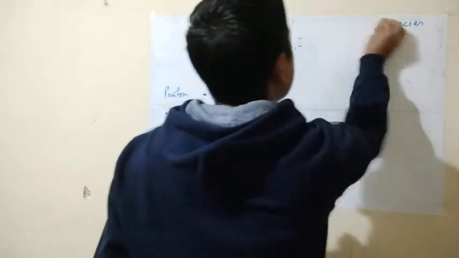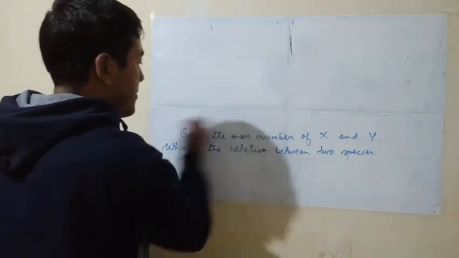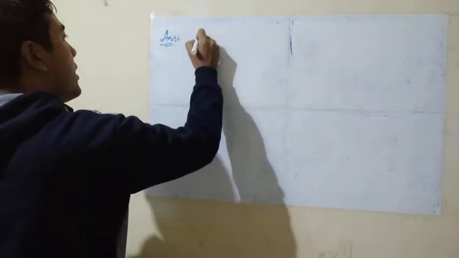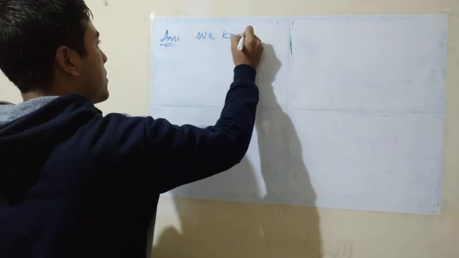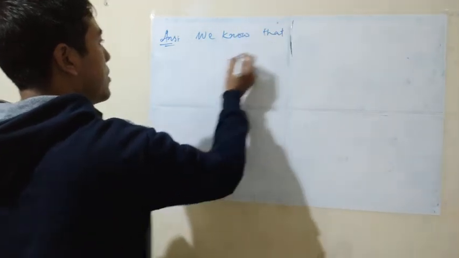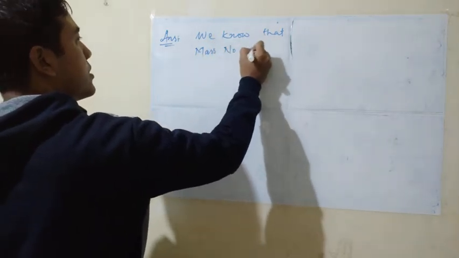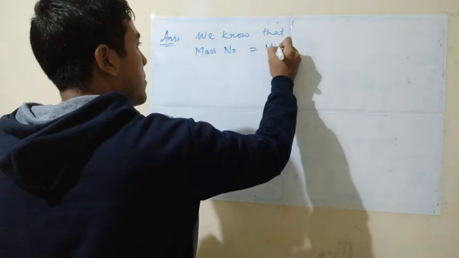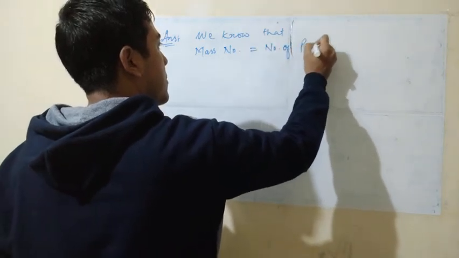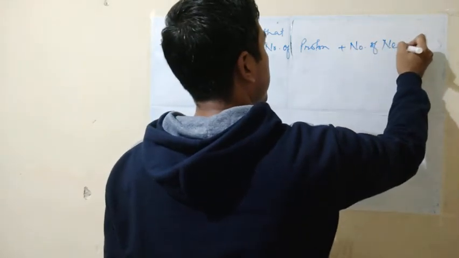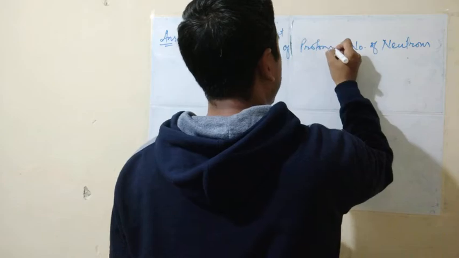So now look here. Answer. We know that mass number is equal to number of protons plus number of neutrons.